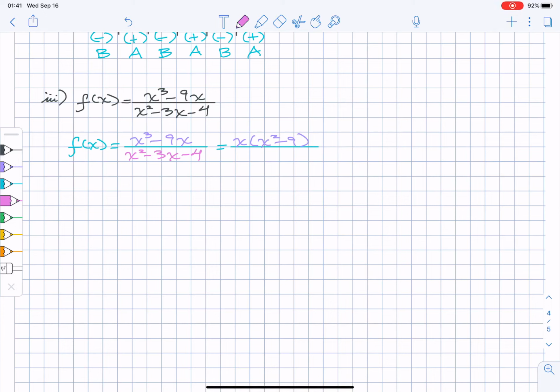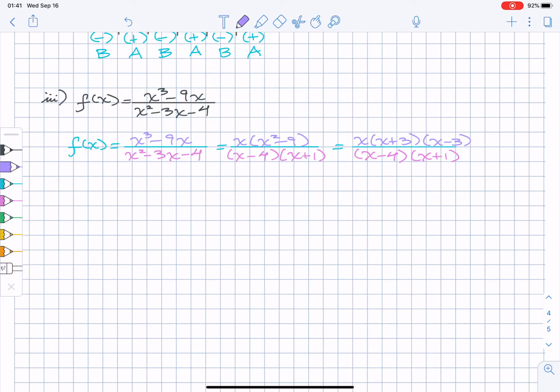And in the denominator, what two integers multiply to -4 and add to -3? There we are. So now we can factor the numerator as x times x plus 3 times x minus 3, all over quantity x minus 4 times x plus 1.